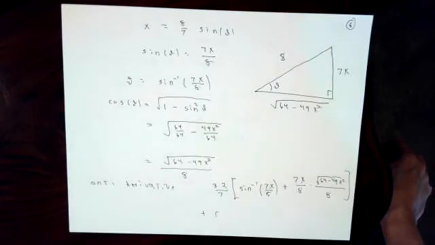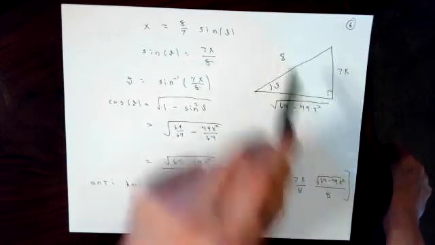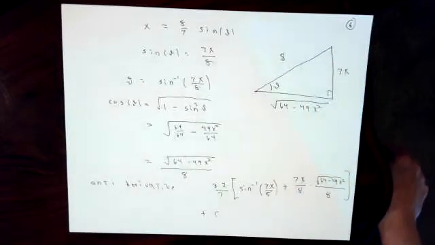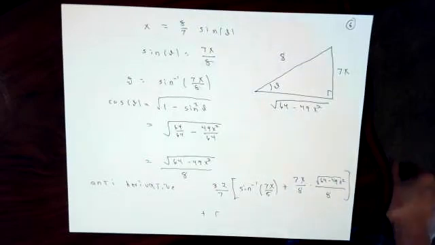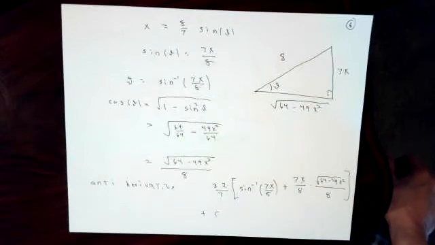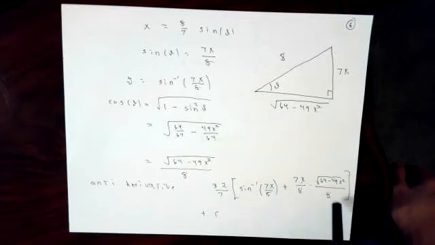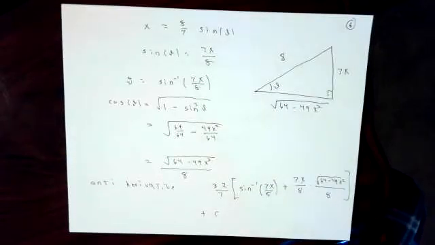Cosine of theta, now that we've got our triangle, cosine theta is adjacent side divided by the hypotenuse. Sine of theta was 7x over 8. So here's where we use the inverse trig function. That's sine of theta, that's cosine of theta, and this is my answer.